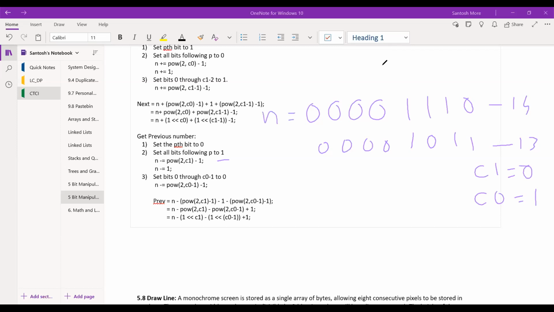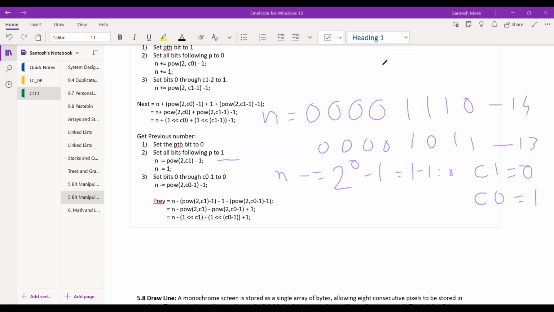N is equal to 14 and 2 raised to C1. So if I just go by this first formula, n minus 2 raised to C1, which is 0, minus 1. So 2 raised to 0 is 1. 1 minus 1 will be 0. So I don't do anything here.